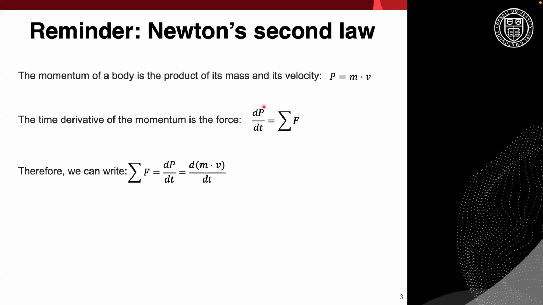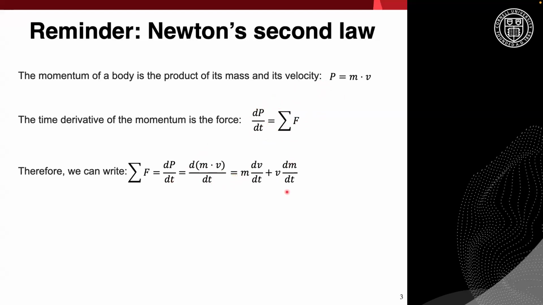Then we can replace the expression of the momentum in the derivative, and you can write that the sum of the forces is equal to the time derivative of m times v. Then, applying the derivative rule, you can write that the time derivative of the momentum is equal to m dv/dt plus v dm/dt.